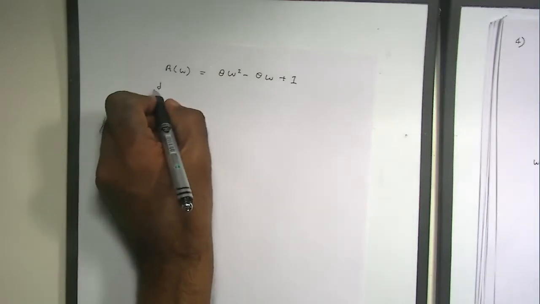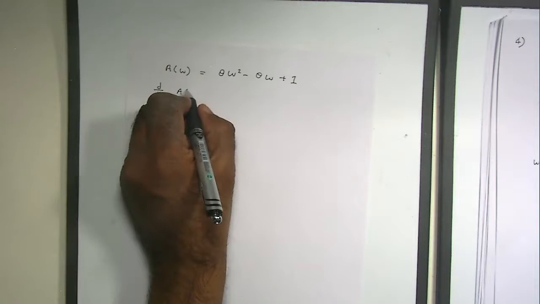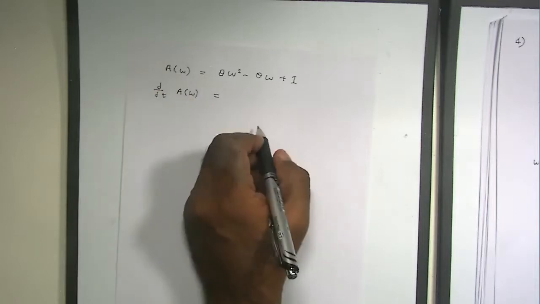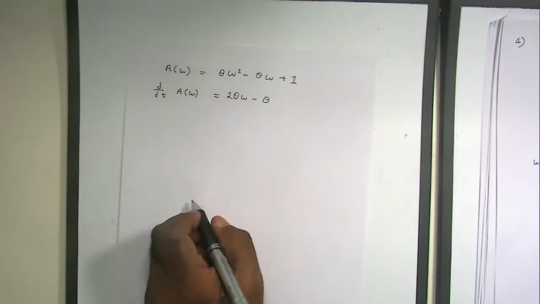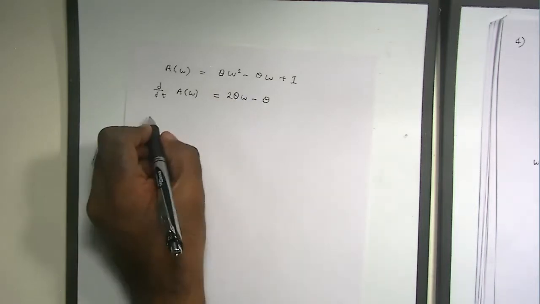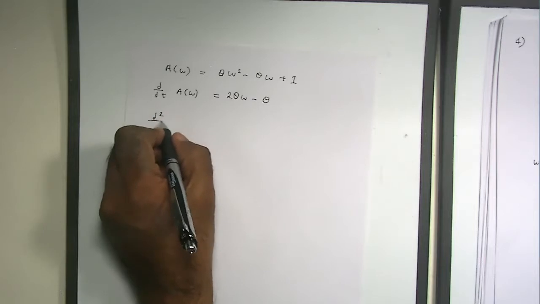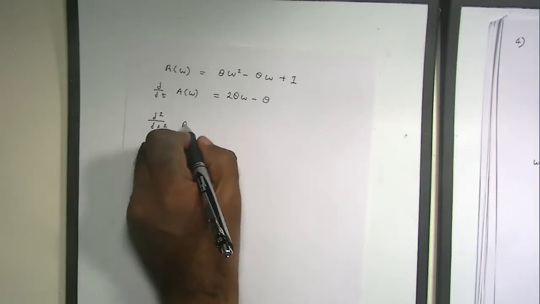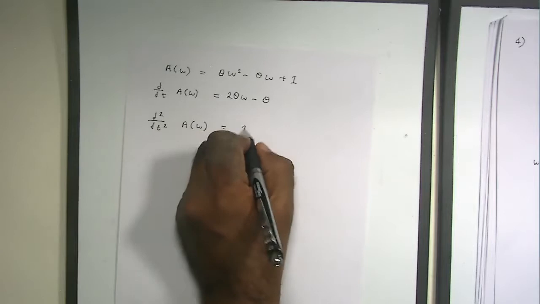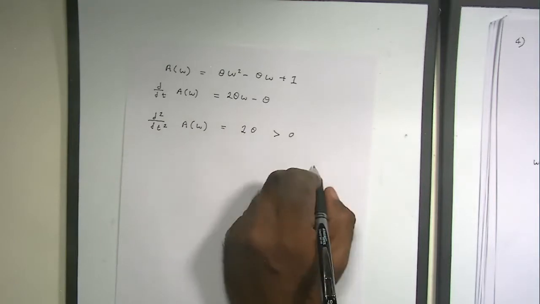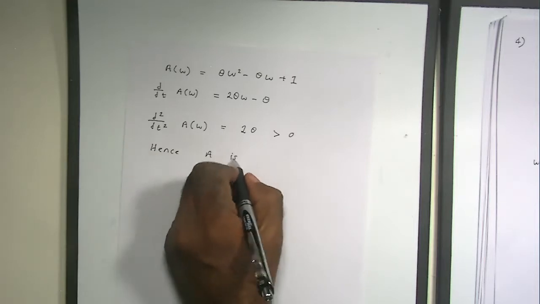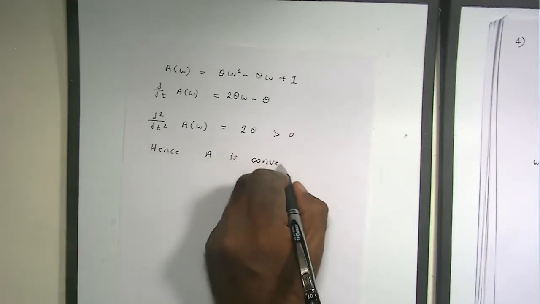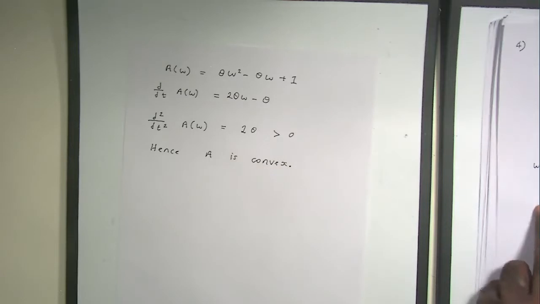Now, the first derivative, what's the first derivative, guys? It is 2 theta omega minus theta. Yeah? And the second derivative is 2 theta, which is positive. Hence, we have proved all 4 properties.